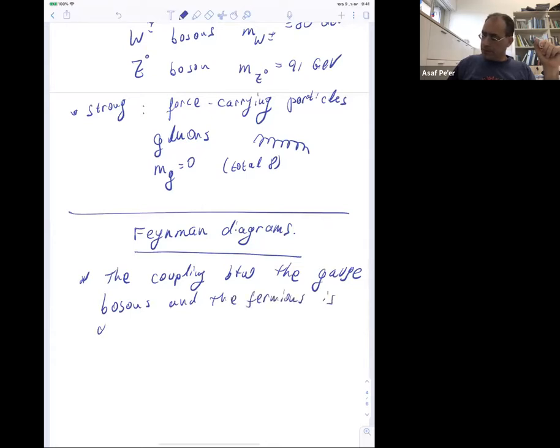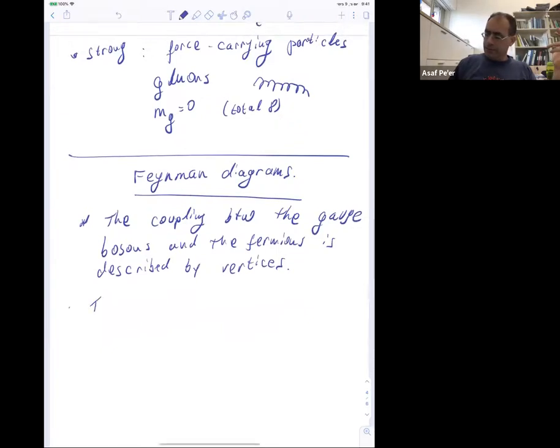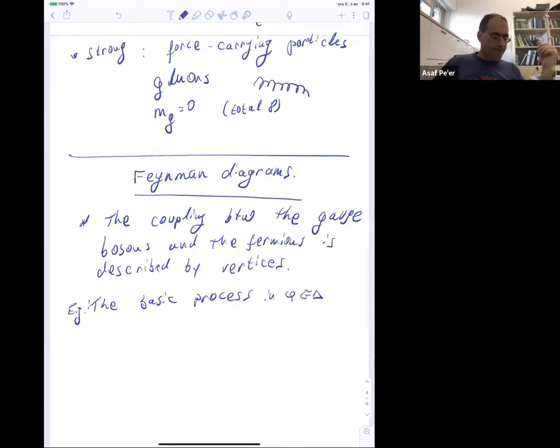So the vertices are the building blocks of the Feynman diagrams, right? So for example, the basic process in QED is the emission or absorption of a photon, right?